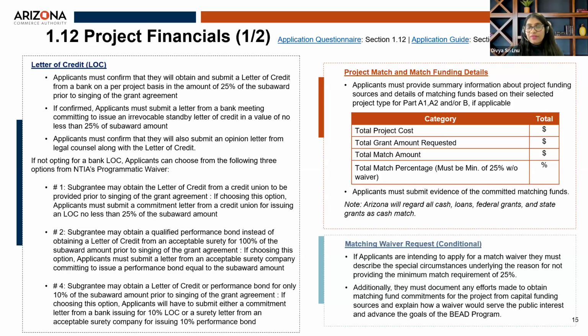But we also have an additional section where if your project involves any high cost locations defined by NTIA, then the applicants will have an option to choose to apply for the BEAD match waiver. However, all applicants are encouraged to provide a minimum of 25%, and the actual waiver approval will be at the discretion of ACA and from the approval from the Assistant Secretary.